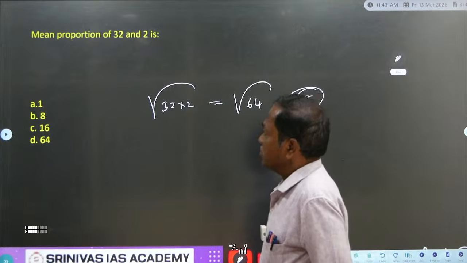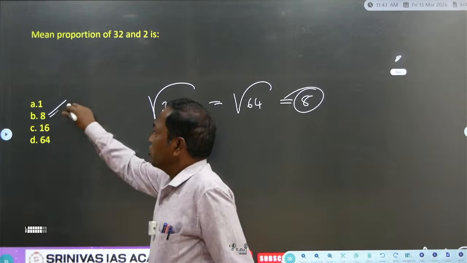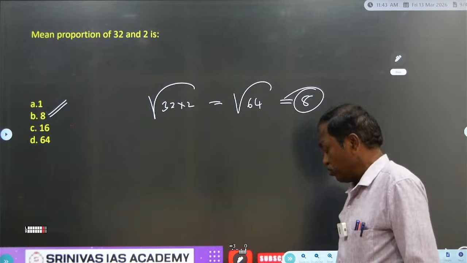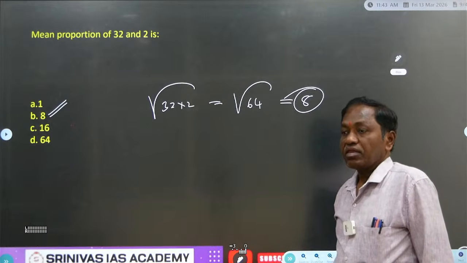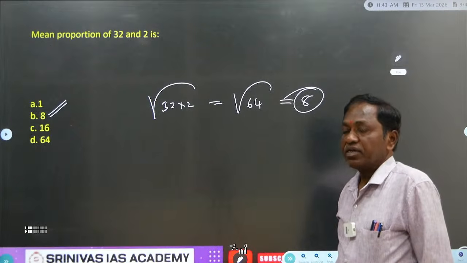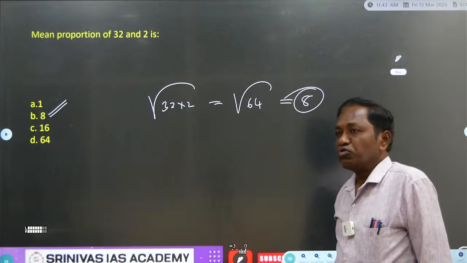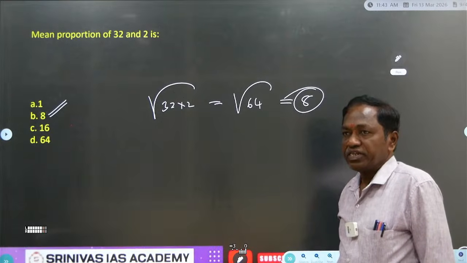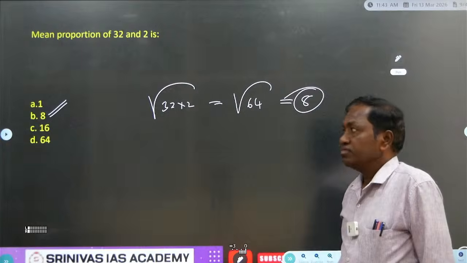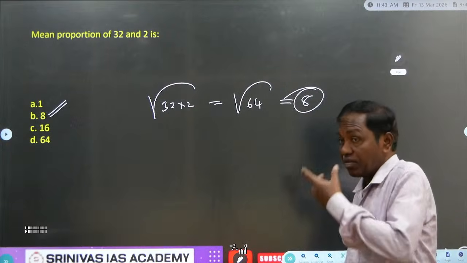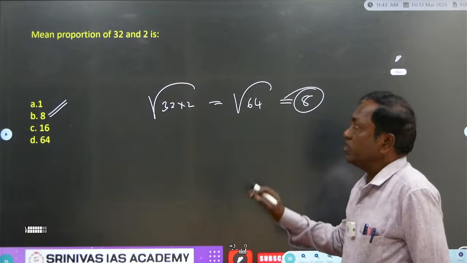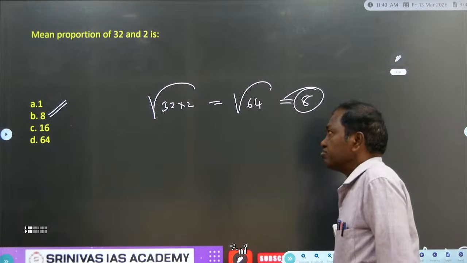This is the mean proportion, option B. This is theorem based. It's a very important point. For CSAT also we need this, because this is not a generalized thing.